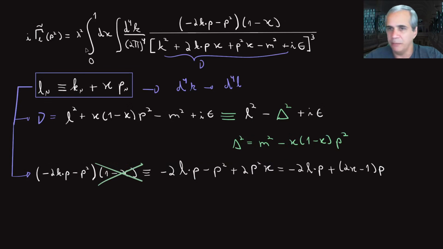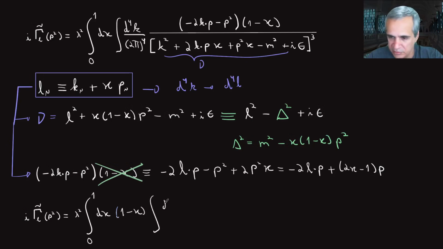This allowed me to rewrite the whole 4-point function I'm calculating as the integral. Just bring this 1 over 1 minus x outside here and write the integral, which now is in this other 4-vector, which I called L. So d4L over 2 pi to the 4th. The numerator is right here.